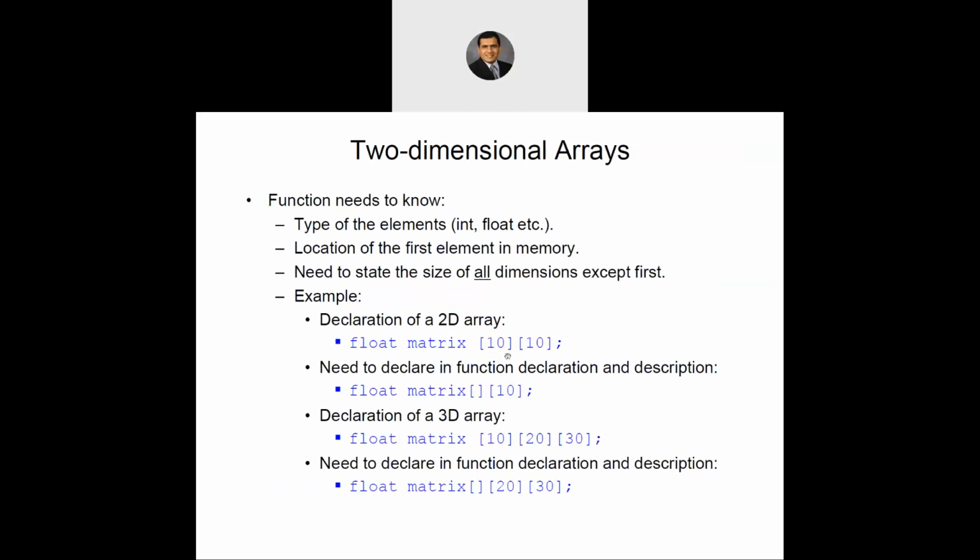Remember, in a two-dimensional array, the first dimension is row, the second one is columns. So when you declare it in function prototyping, you can either declare it like this or like this. The first row will be blank. Or in three dimensions, you can declare it like this, or you can leave the first dimension blank.